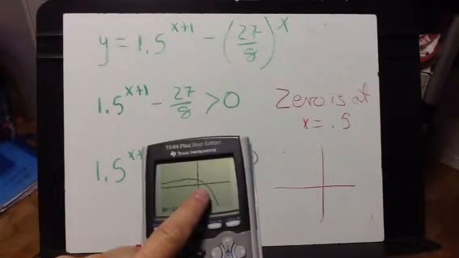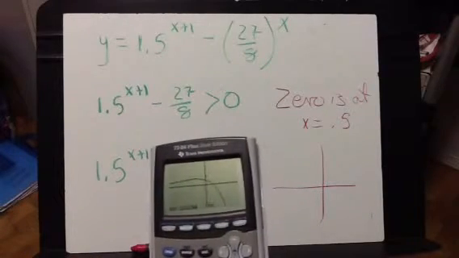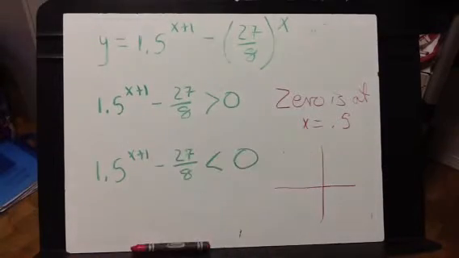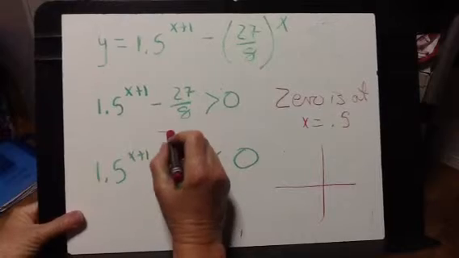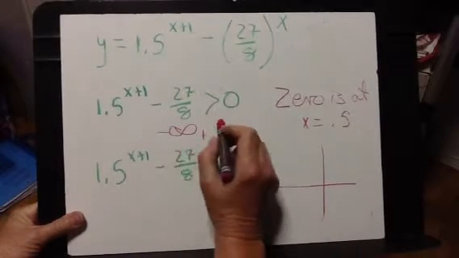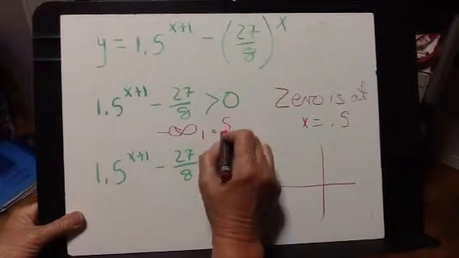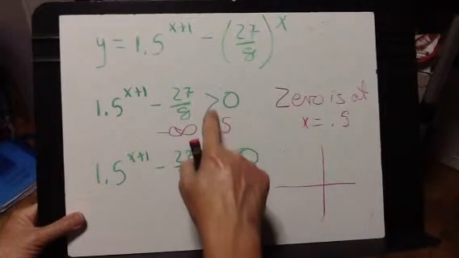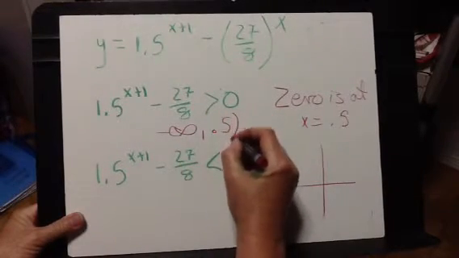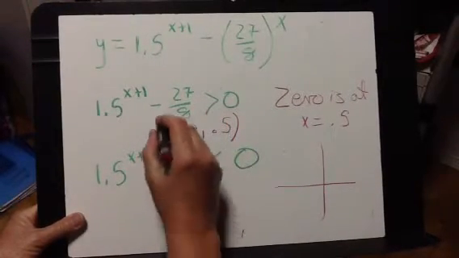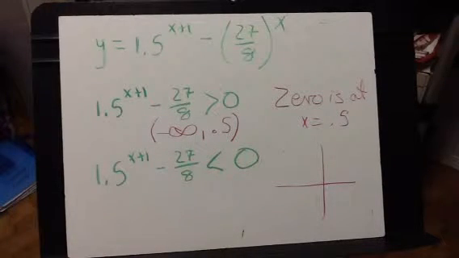This thing is above 0 from negative infinity to 0.5. Above, or greater than, means not including, and infinity always gets a parenthesis.